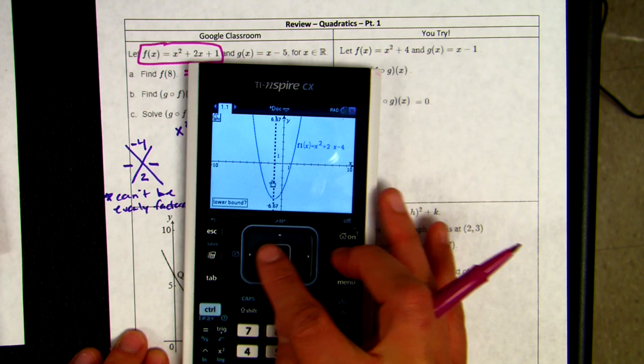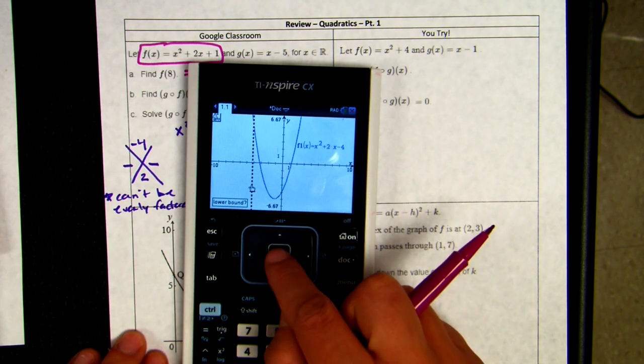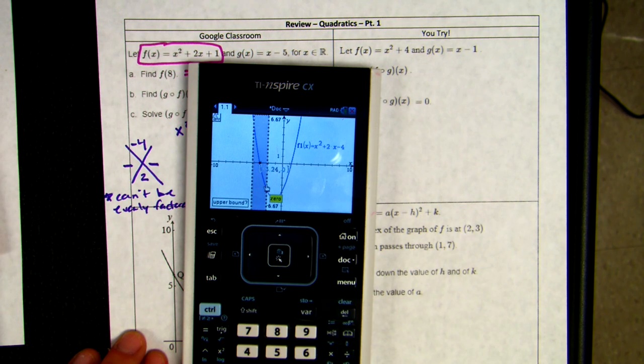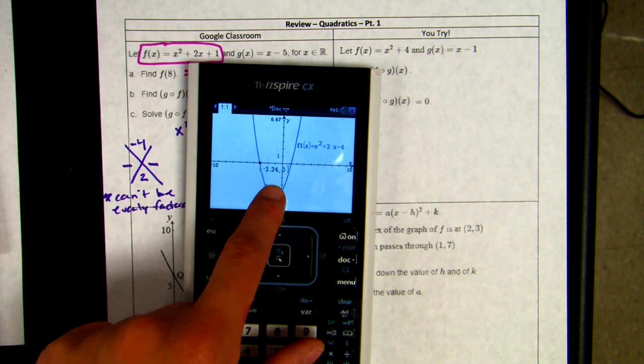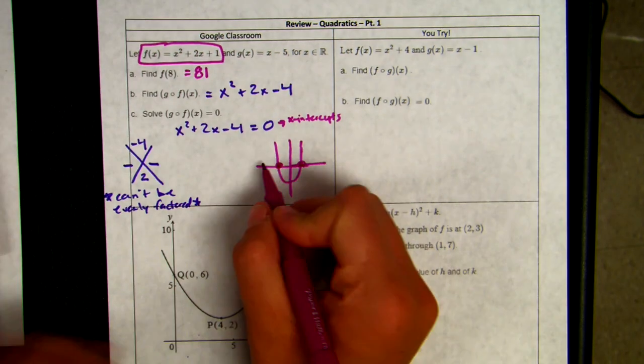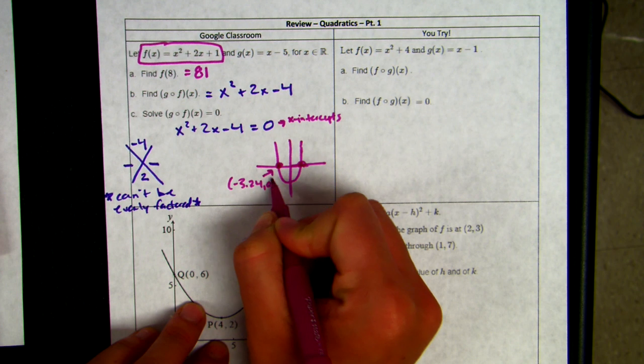This dotted black line, you're going to scroll once to the left of the first x-intercept and press the center button, once to the right of this x-intercept and press the center button. So that x-intercept is at the point negative 3.24, comma 0.